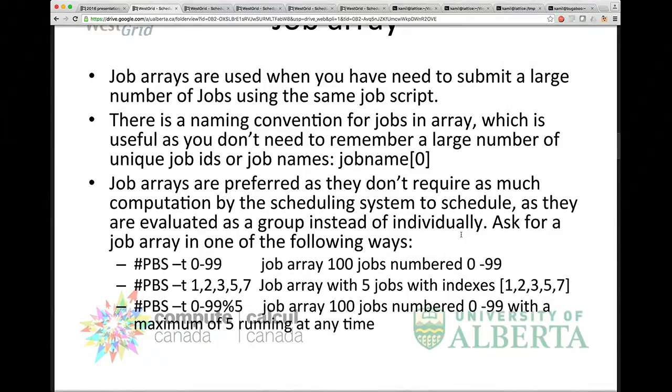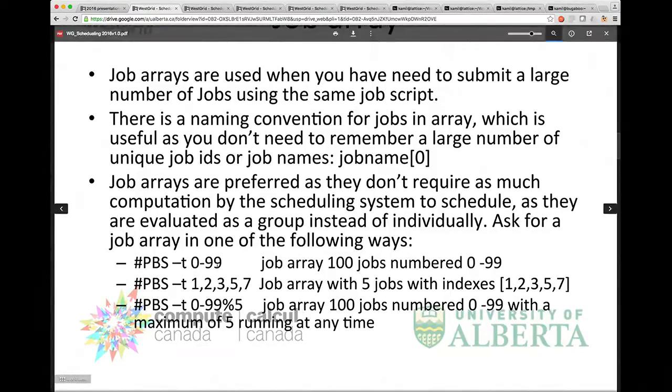Because they have the same shape in this Tetris-like game of scheduling, the scheduling system only has to try to schedule each of those jobs once. It doesn't have to do it for all 100 jobs in the array. It just has to say, well, if one didn't fit, the other 100 won't fit. Or if one did fit, the other 100 would fit.